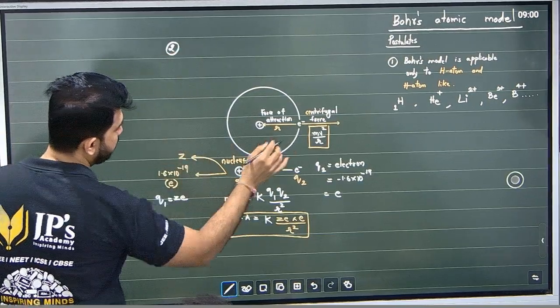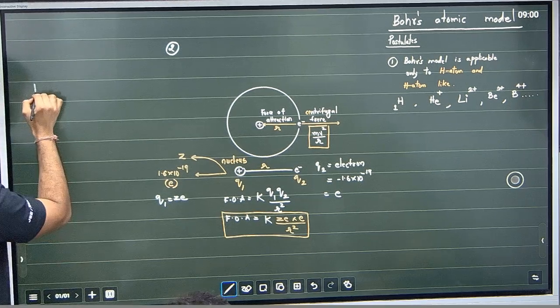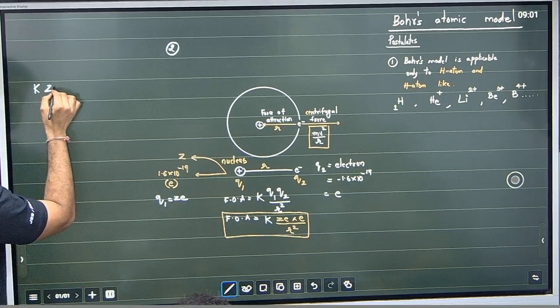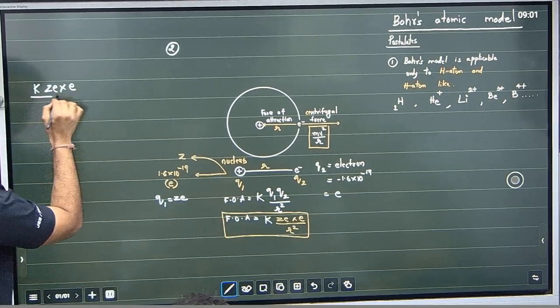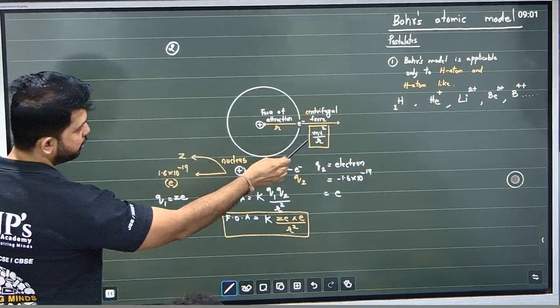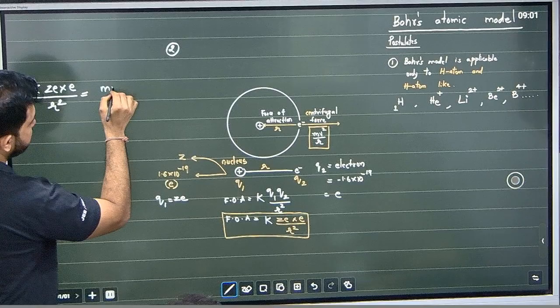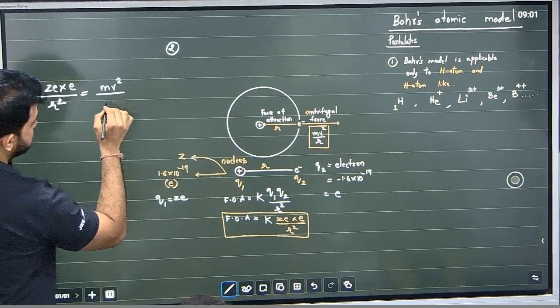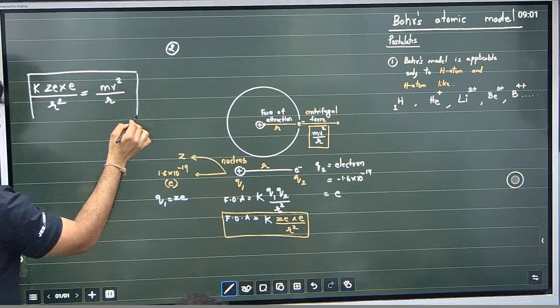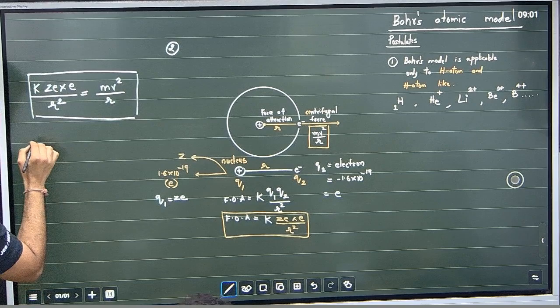Now दोनों को equate करो. Therefore, K Z E times E over r square is equal to mv squared over r. ऐसे लिख सकते हैं, you can further simplify this.